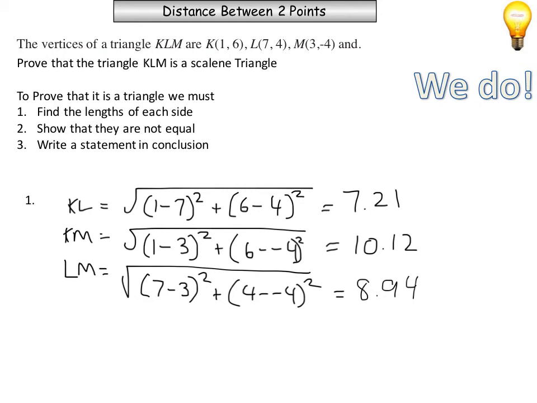And the way that we show that they're not equal is by simply doing, so this is step 2, we're going to write that KL does not equal KM, which does not equal LM. So we can see that all of the sides aren't equal. So then we need to write our final statement.